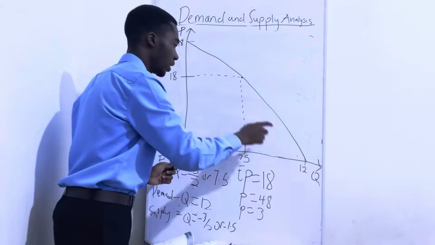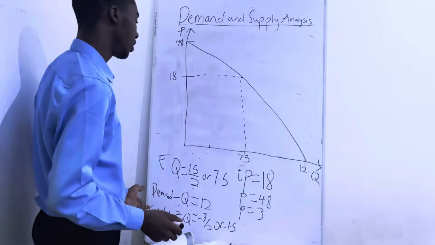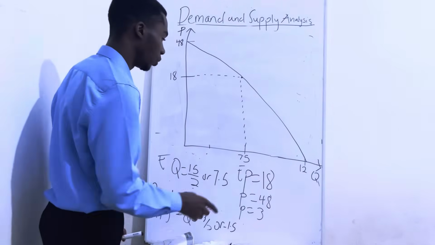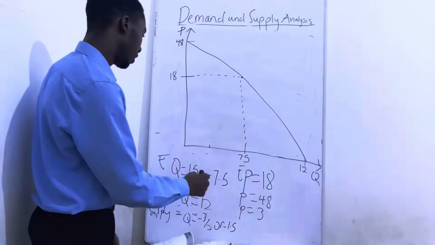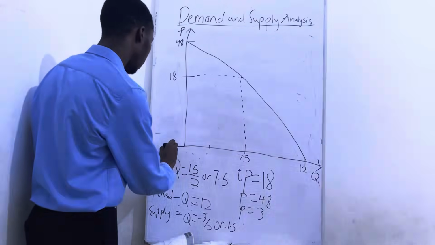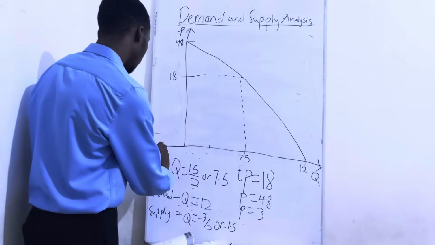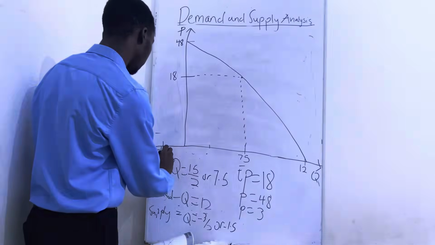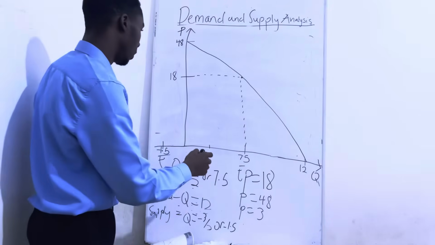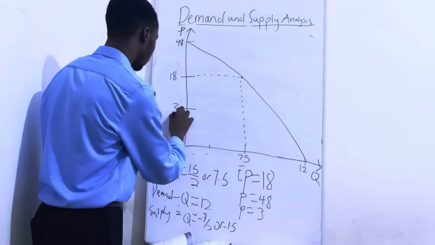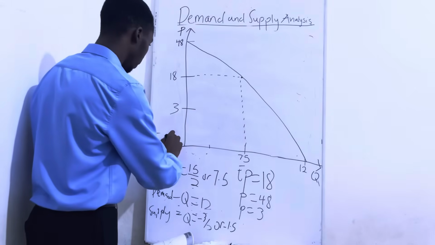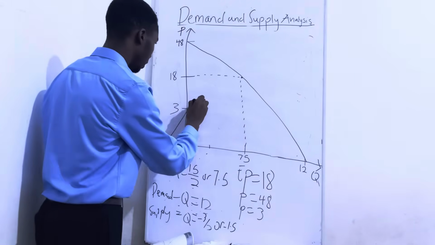So 48 and 12. And when we made the quantity 0 for the price in the supply function, we got 3. For the quantity, which is -1.5, it has to come somewhere here, somewhere like this, -1.5. Then our price was 3, so the 3 can be somewhere here. Then we connect both of them.